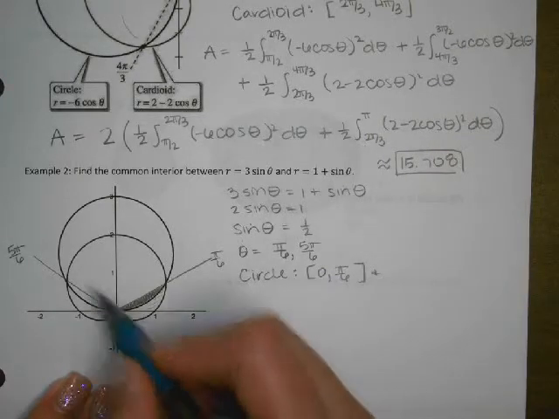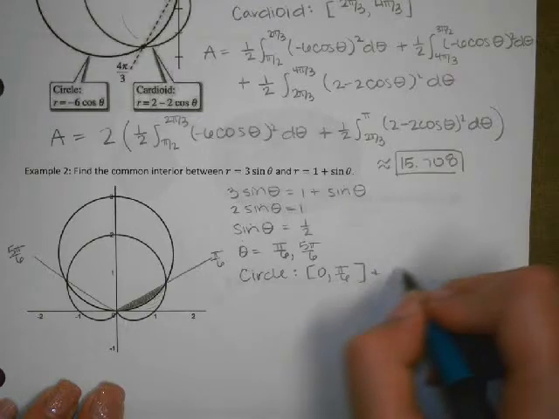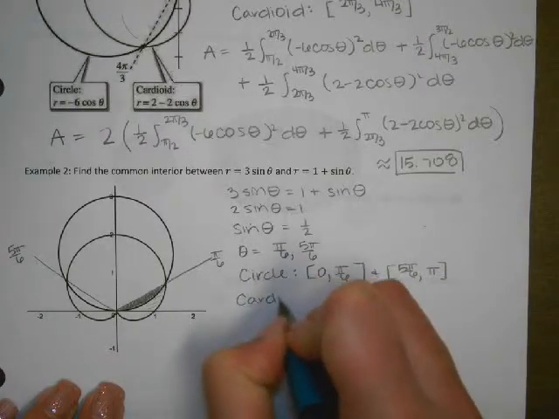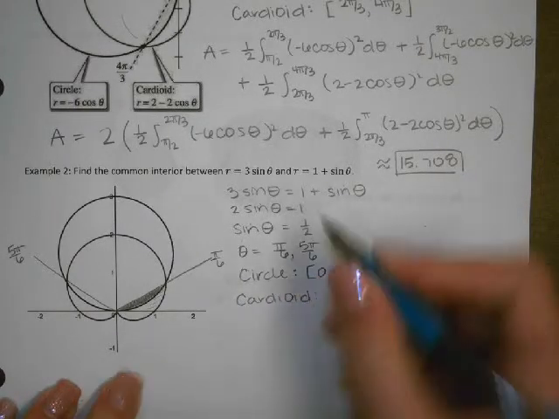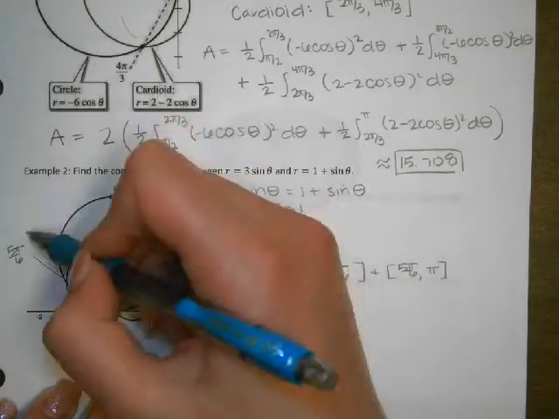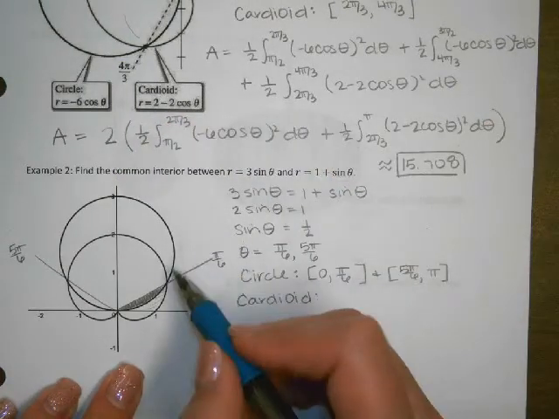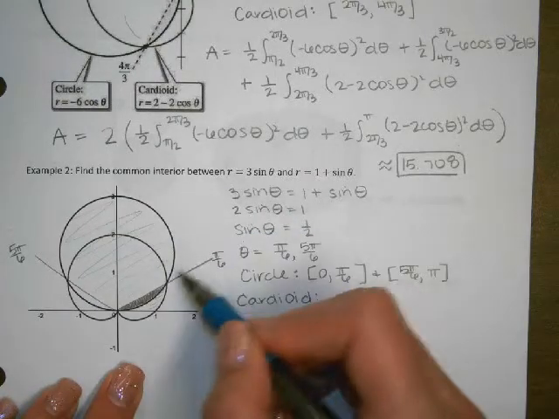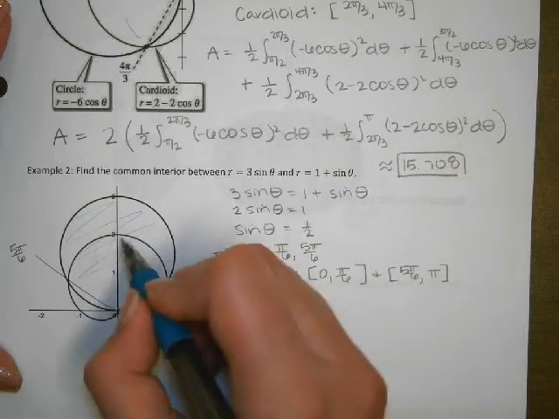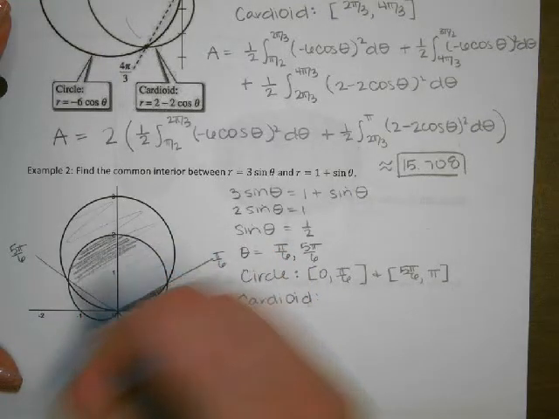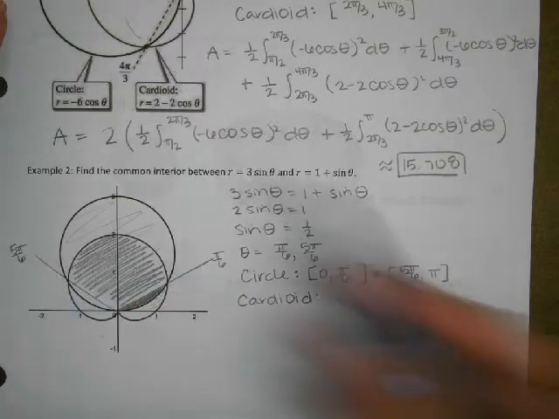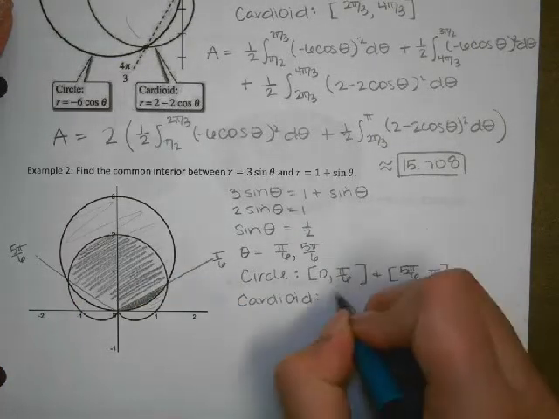And then I'm going to use the circle from 5 pi over 6 to pi. And then I'm going to use the cardioid from pi over 6 to 5 pi over 6. The reason I'm using the cardioid is that if I use the circle, it's going to give me all of this, and that's not what I want. I want just this inner part right here. So if I use the interval from pi over 6 to 5 pi over 6 of the cardioid, that's going to give me that.